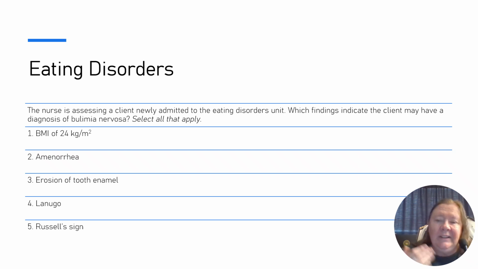The Russell sign is the calluses on the dorsal side of the hand from the person putting the hand down the throat in order to cause themselves to vomit. So the correct answers on this one are 1, 3, and 5.